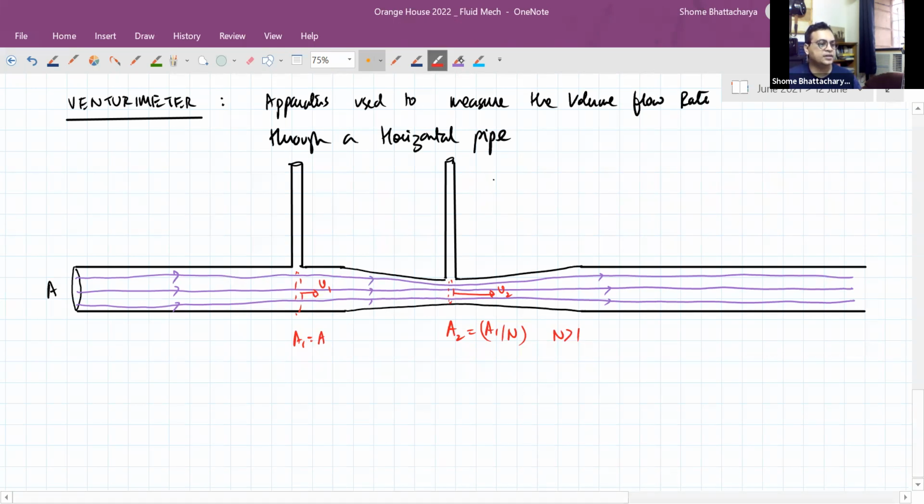That creates a pressure difference, because of which the level of liquid in the capillaries is going to be different, and we can measure this level difference externally. So this is H, this level difference. The pressure of the liquid at this point is P1, and at this point is P2. So P1 minus P2 is going to be rho G H. This is from hydrostatics of the vertical column.